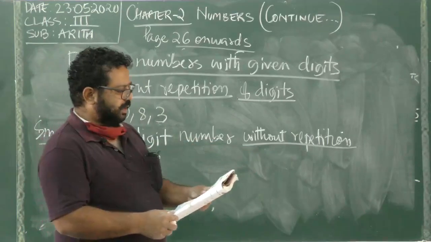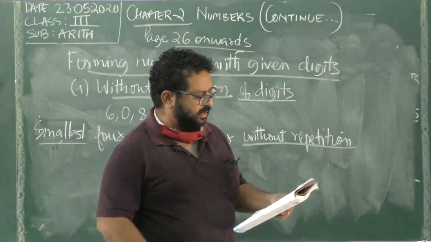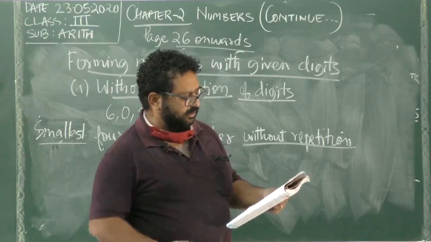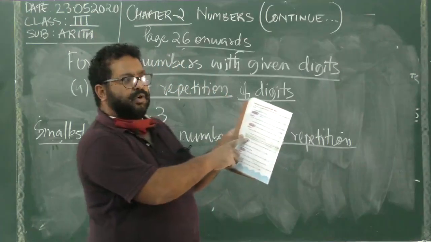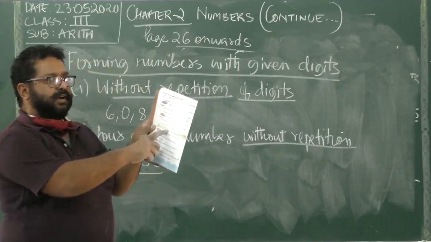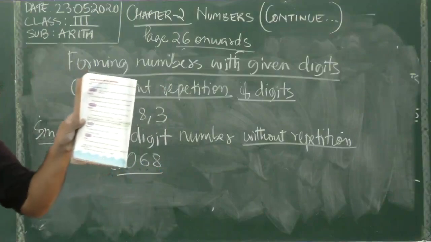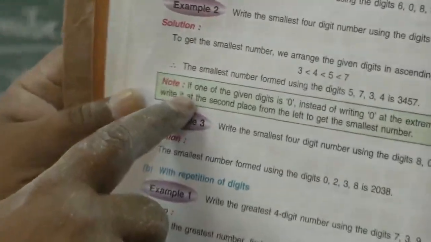Okay. So obtain the largest 4-digit number using these numbers, write the smallest 4-digit number using those numbers. So that we have done. Now here there is a note given, which is green in color. All right, we can see, if I can bring it closer. This note is given, so we need to read this.